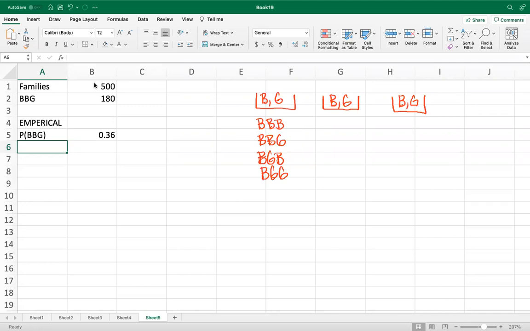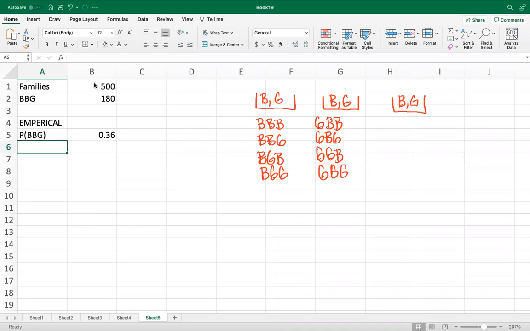Now we're going to look at all the different ways with the first one being a girl. So girl, boy, boy, then girl, boy, girl, girl, girl, boy, and the last one could be girl, girl, girl. So now those are all the different ways that we could have 3 children.